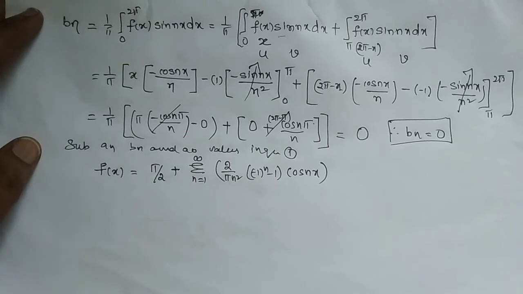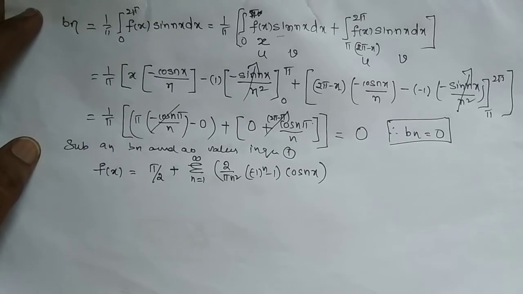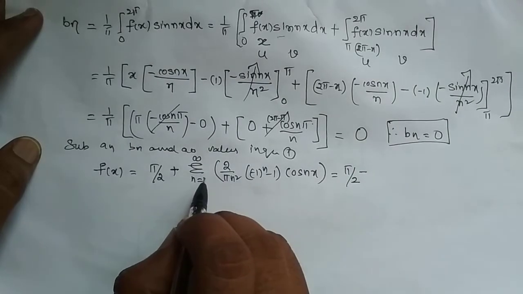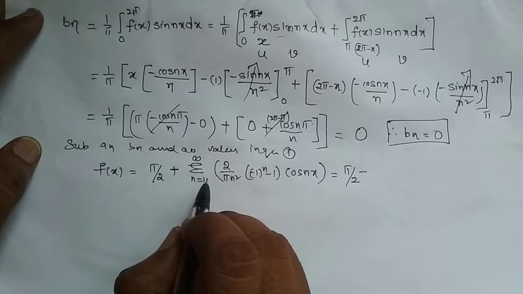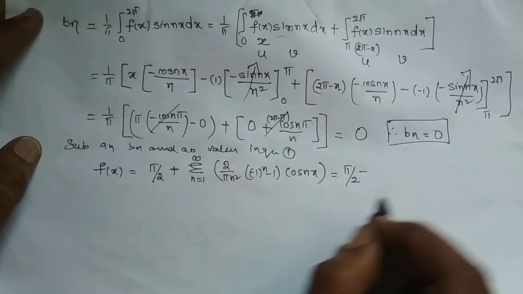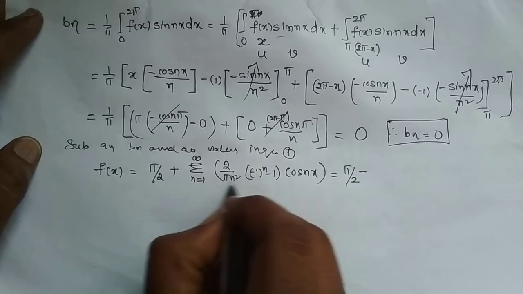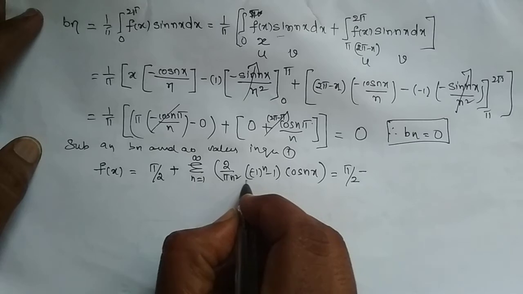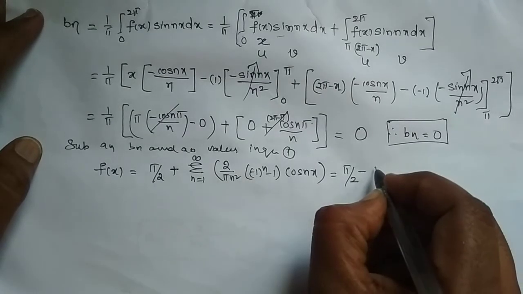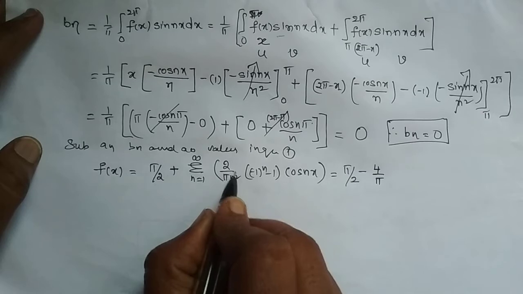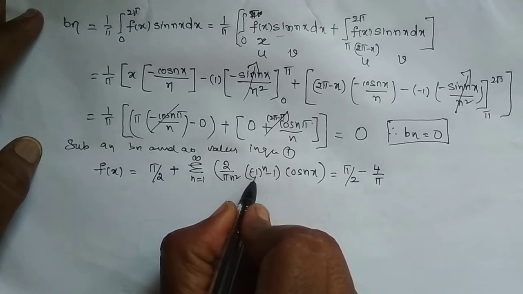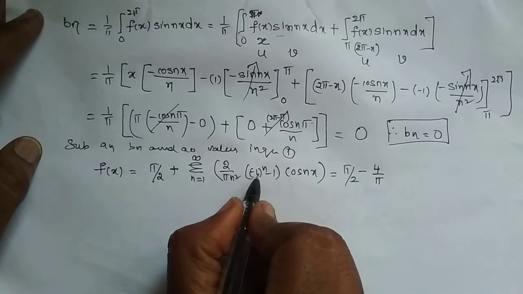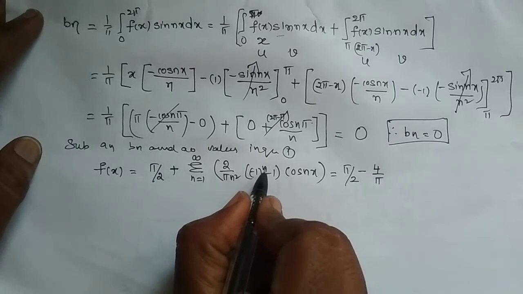So there will be a deduction for this problem. I can simplify this one: pi by 2 plus 2 by pi, for suppose n is equal to 1, 2, 3, 4, 5, 6. It is valid only for odd ones. So I can write directly 4 by pi minus 4 by pi, because you can substitute n is equal to 1 minus 2, n is equal to 3 minus 2, n is equal to 5 minus 2, n is equal to 7 minus 2.